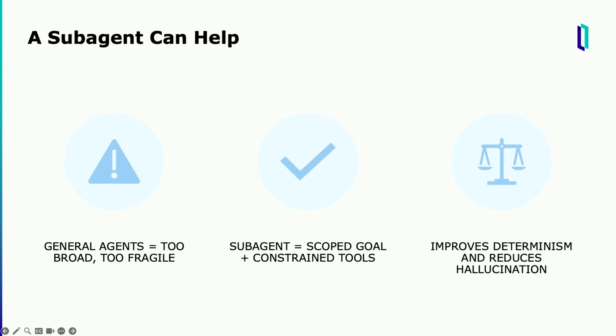Instead of letting a general-purpose agent do everything, we create one specialized sub-agent to perform a narrow job: retrieve, parse, extract, and summarize. That narrower scope usually improves predictability, reliability, and debugging.